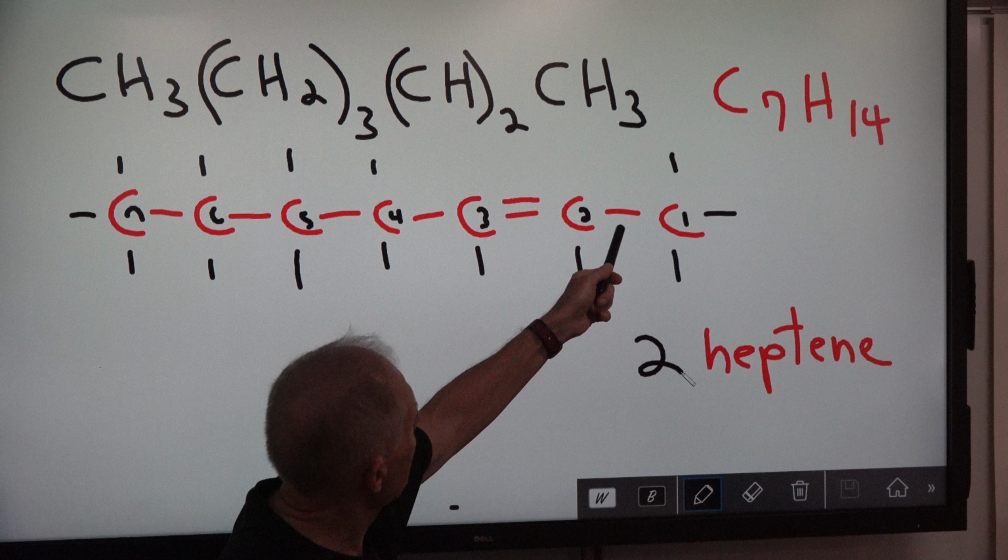I'm not going to draw the hydrogens, it takes too long, but every one of those bonds coming off the carbons that are in black would be to a hydrogen. Remember, they're all single bonds saturated with hydrogens, so this has to be an alkane. 1, 2, 3, 4, 5, 6, 7, 8. There's 8 of them, so this is octane.